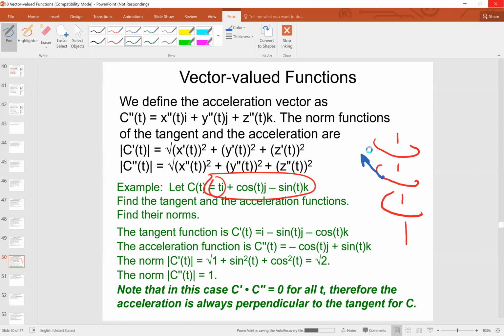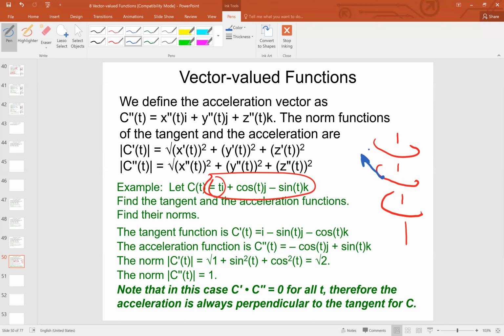And as we go up, of course, the tangent changes. So the change in the tangent, that is the second derivative, is perpendicular to the tangent. In other words, the acceleration is perpendicular, and so it's pointing inward because you're accelerating, you must be turning, and this is the 90 degrees.